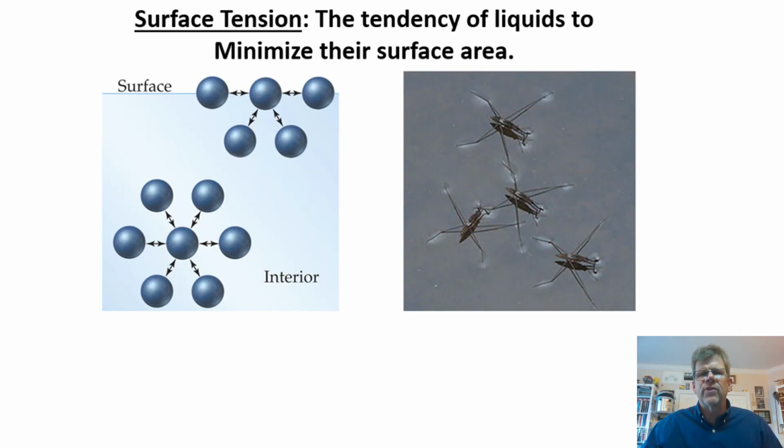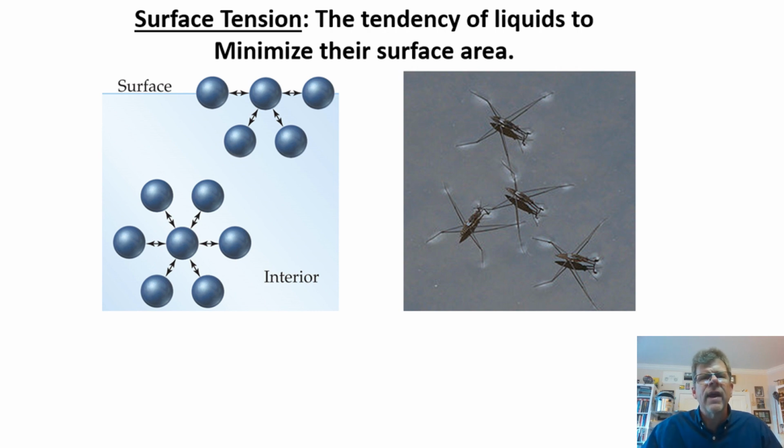The other observational feature is known as surface tension. By definition, surface tension would be the tendency of liquids to minimize their surface area. And over on the left-hand side, we can see a general liquid, and these blue spheres here represent the particles of a liquid. If we have a particle on the interior of a liquid, we have the same intermolecular forces from particles all around it, as shown here.